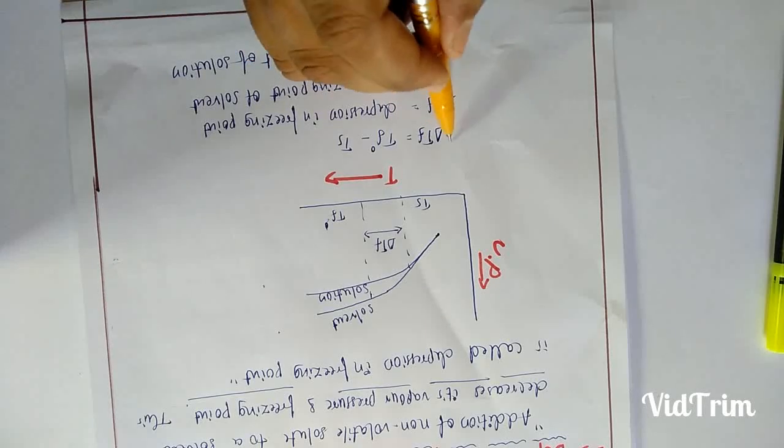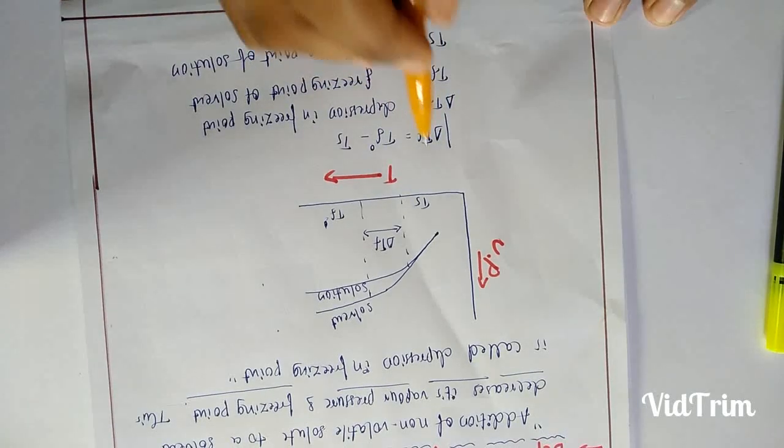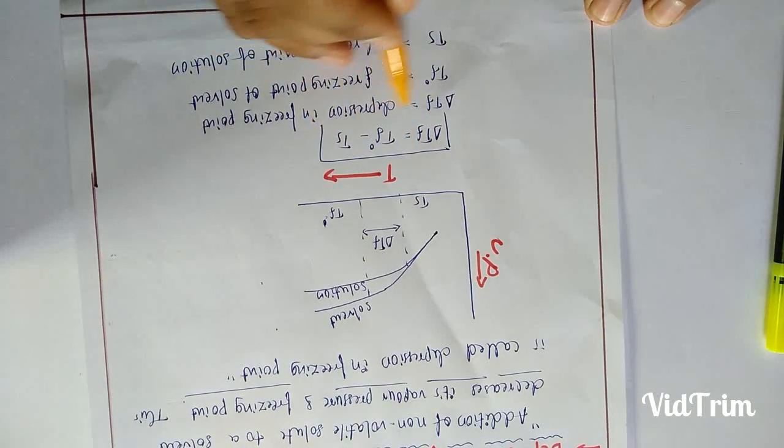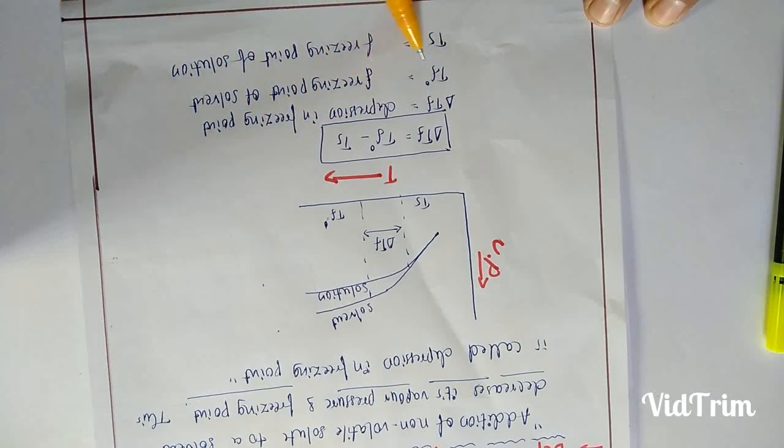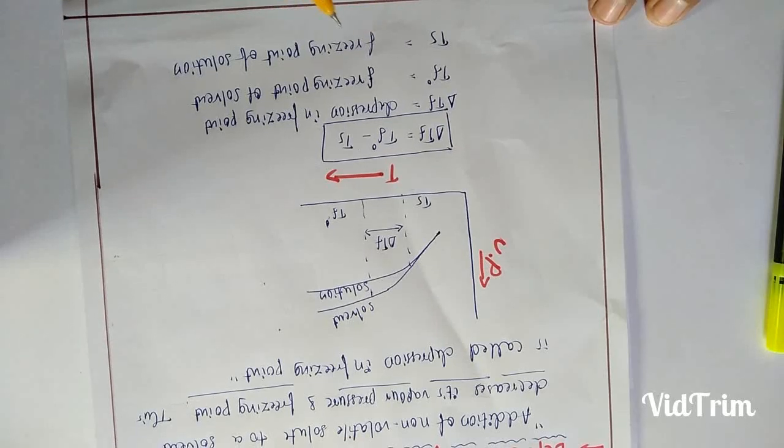So delta TF is equal to TF naught minus TS: the freezing point of the solvent minus the freezing point of the solution.